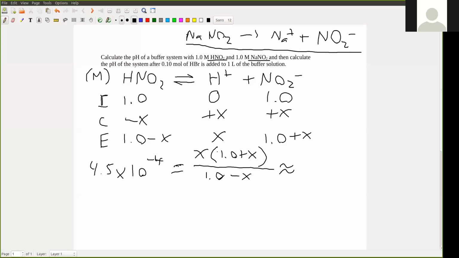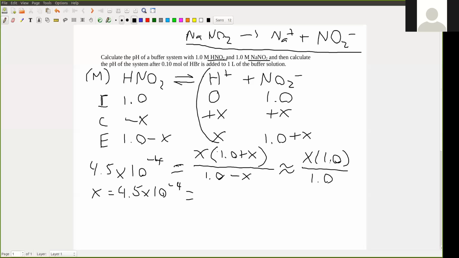So we're going to use the approximation, and that makes it so that it's X times 1.0 over 1.0. So that means that X is equal to 4.5 times 10 to the minus 4, and that is also equal to the concentration of protons that we have.